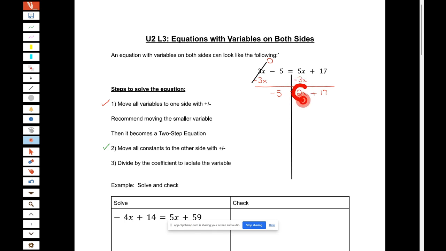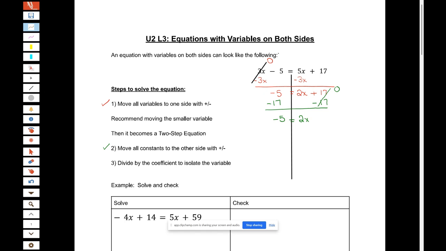Because I moved my variables to the right, I want to move my constant numbers that don't have variables over to the left. So I'm going to subtract it so that it cancels away to be 0 on this side. Now I have 2x equals negative 5.